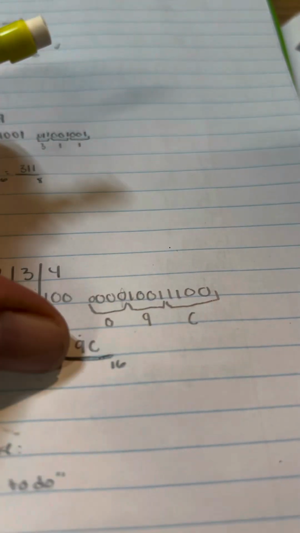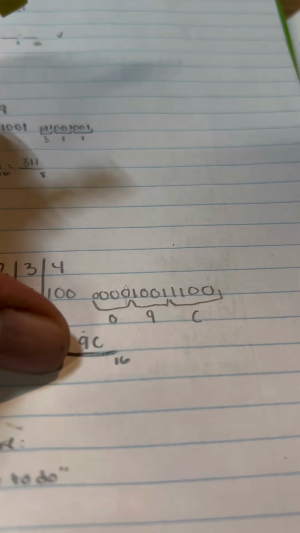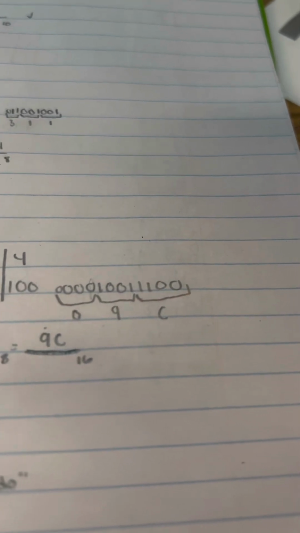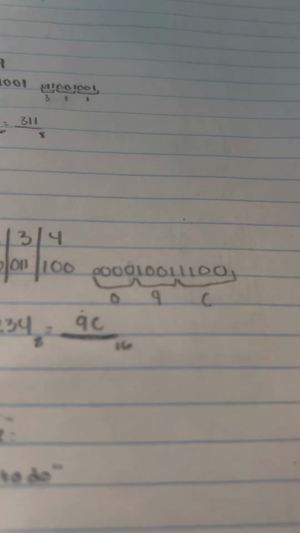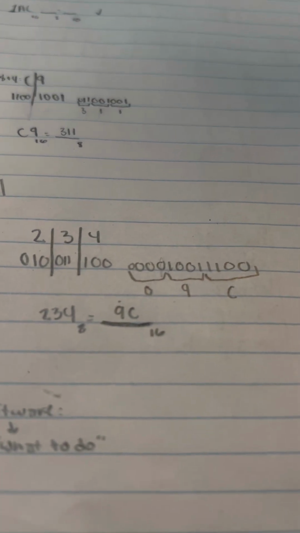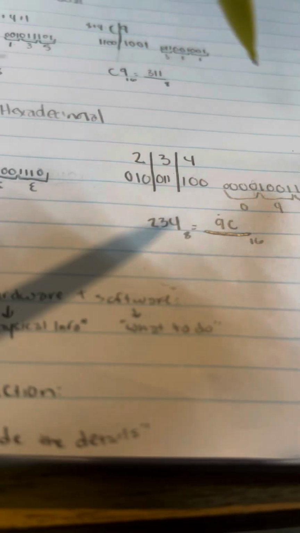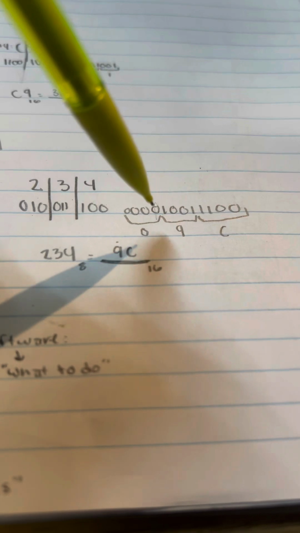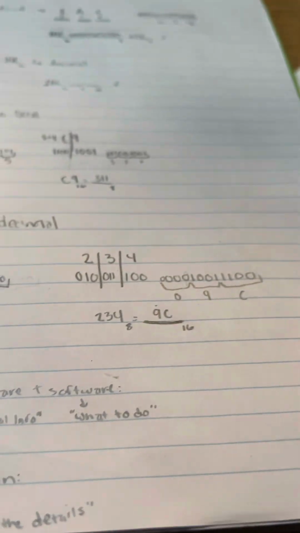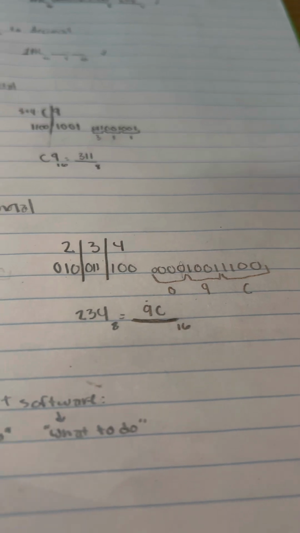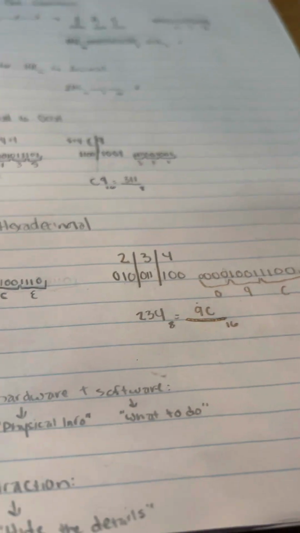So it would be 0000 1001 1100. And then grouping by 4 again, this will equal 9, this will equal C, and the first 4 will equal 0. And so we don't count that 0 since there's no representation at all, and we would get 9C. So 234 octal to hexadecimal is 9C.